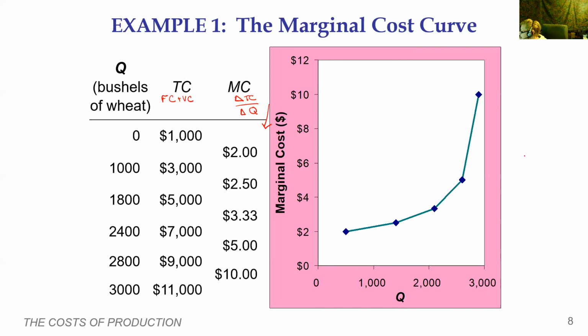To me, it kind of looks like a Nike swoosh. And it's interesting that the marginal cost curve, as we saw in the example, doesn't increase a lot from 1,000 to 2,000, but it does increase greatly in this vicinity here.